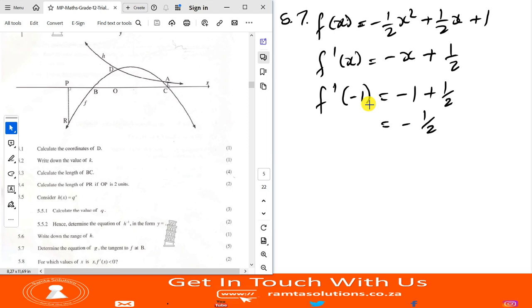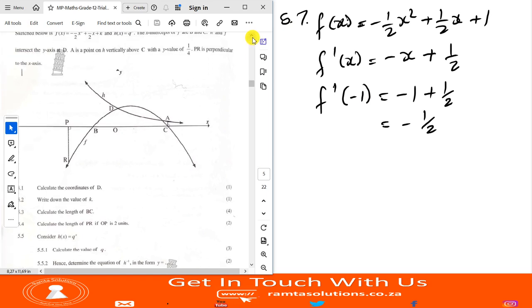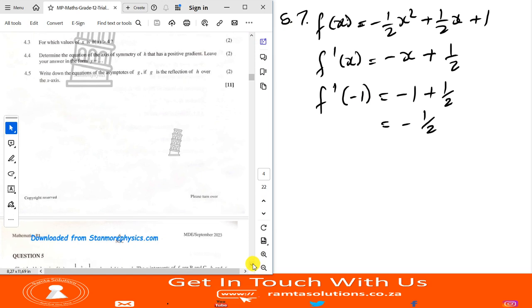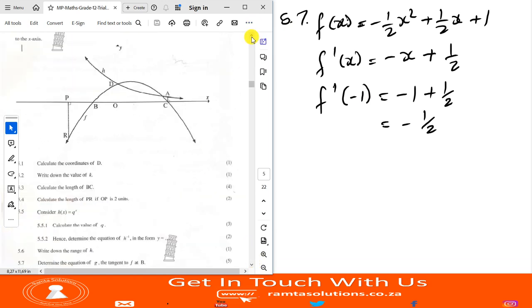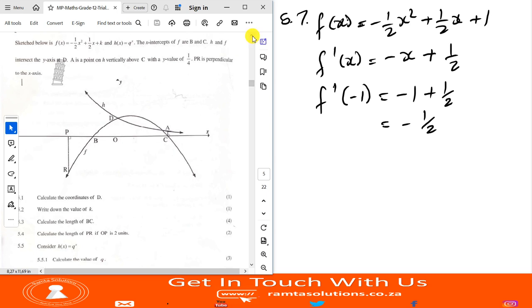I'm not sure, guys. But if there's a mistake, we will see. Look at this. You said f of x is minus half x squared plus half x plus 1. So f prime x will be minus x plus half, isn't it?